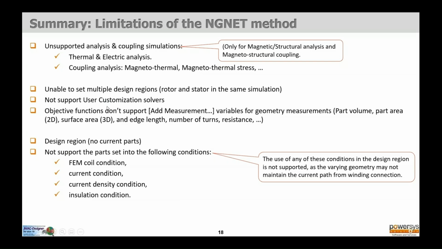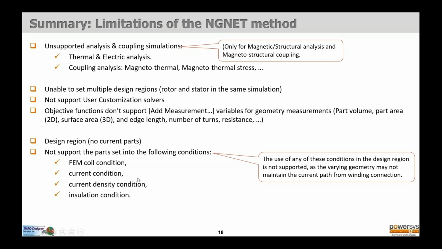You cannot customize the solver. You can only use two solvers, the JA solver or the multi-objective solver. You can also use this option, add measurement, that allows you to create a variable to control the part volume or others.